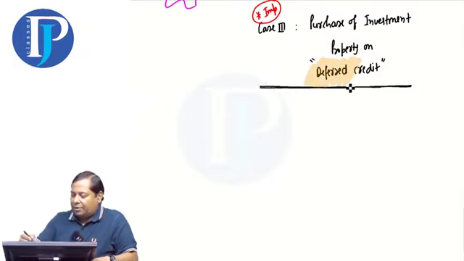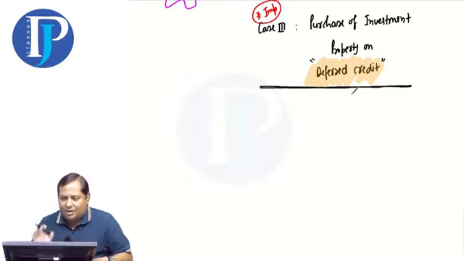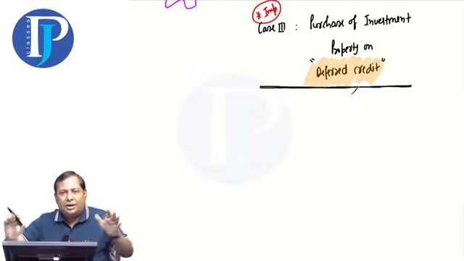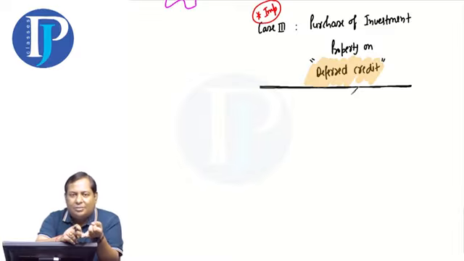Purchase of investment property on deferred credit. And one thing to keep in mind is that this concept of deferred credit will be found in all of the Ind AS. You are reading Ind AS 16 of PPE. Did you purchase property, plant or equipment on deferred credit? Concept is same. If you purchase an intangible asset under Ind AS 38 on credit, concept is same.